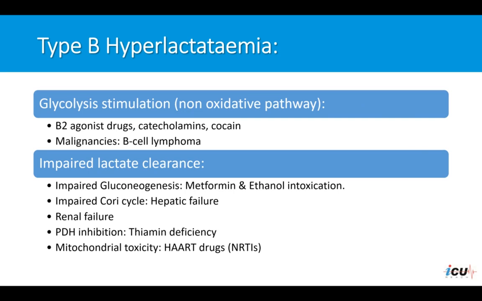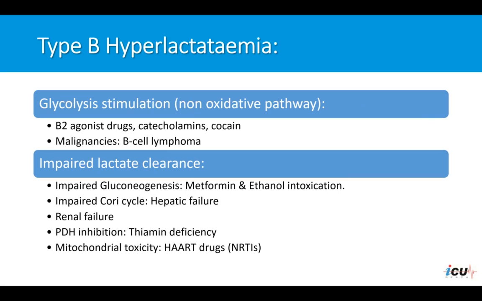Similarly, patients who are taking cocaine can increase their lactic acid. Now, if you have a malignancy or hypermetabolism of the cells, you can produce more lactic acid, and it can be elevated in different malignant conditions such as B-cell lymphoma.